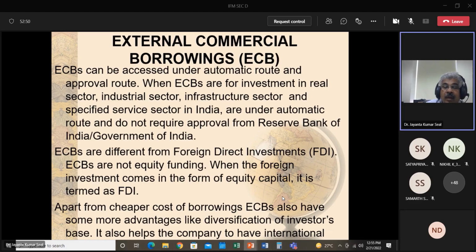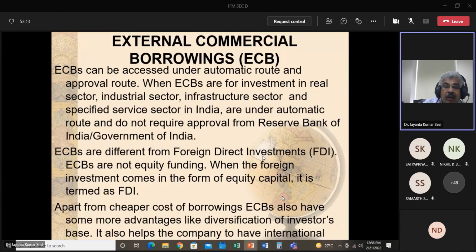But there is a limit. Earlier it was $500 million, now it is $750 million. So you don't need approval from the Reserve Bank.